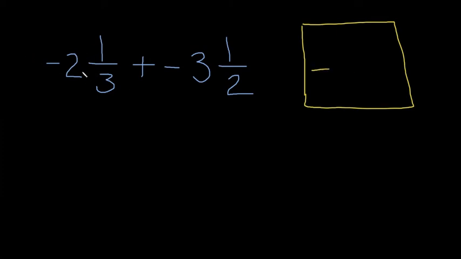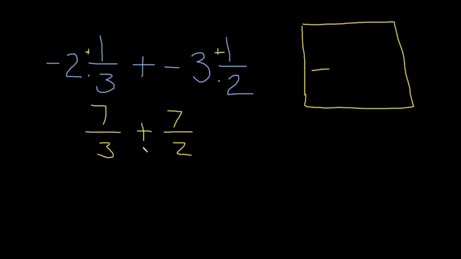So let's go ahead and convert these. 2 times 3 is 6 plus 1 is 7 thirds, plus 2 times 3 is 6 plus 1 is 7 over 2. So we need like common denominators in order to add and subtract fractions. These are not common.